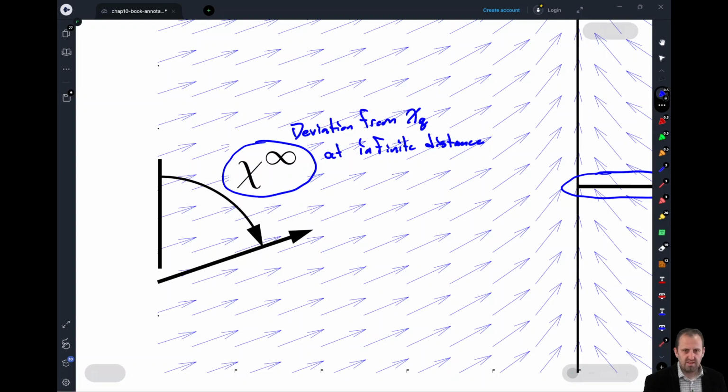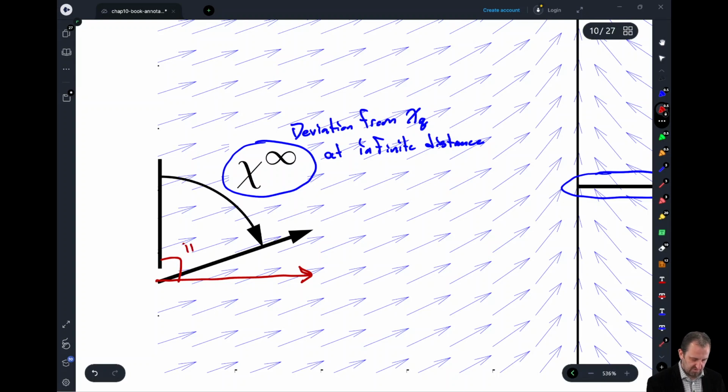Okay, so the question is, do we want to go directly to the line? That would correspond to a deviation of π/2. If we're far away, that's a deviation of π/2. We may not want to go all the way up to π/2. We might want to instead, like it's shown here, have something less than π/2.